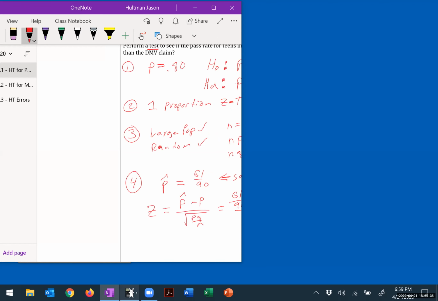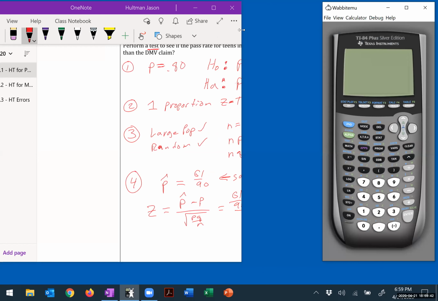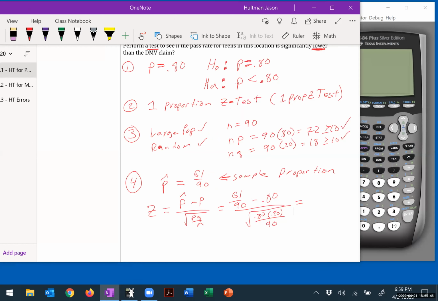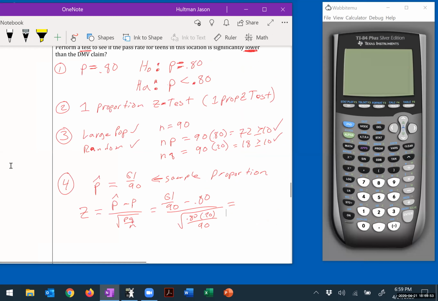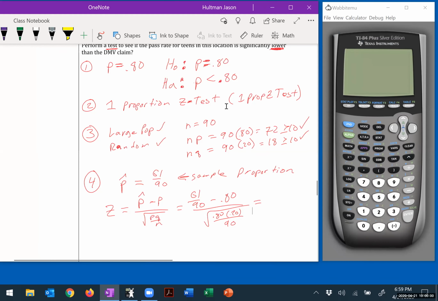Let's look at the calculator on this one. Okay, so I'm going to do parentheses, 61 divided by 90 minus 0.80, that's the top, over the bottom, square root of 0.8 times 0.2 divided by 90.